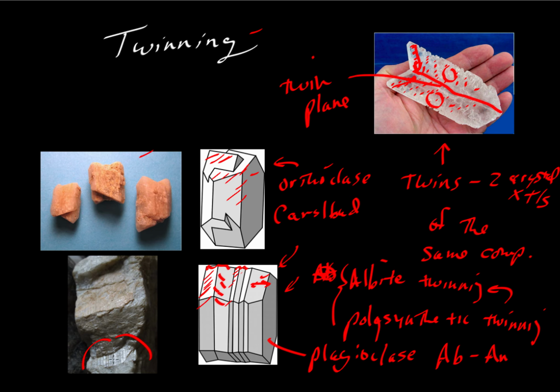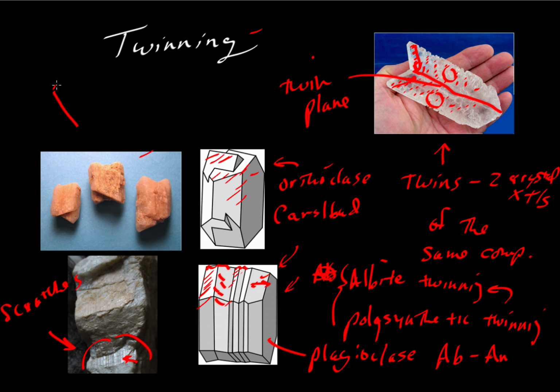It looks like there's a little bit of a color differentiation, but these should all be exactly the same composition. And so when these twins are developed at the macro scale, where you can see them in hand specimen, they actually look like scratches that would be visible on the surface of a nice, clean, flat side of a crystal.